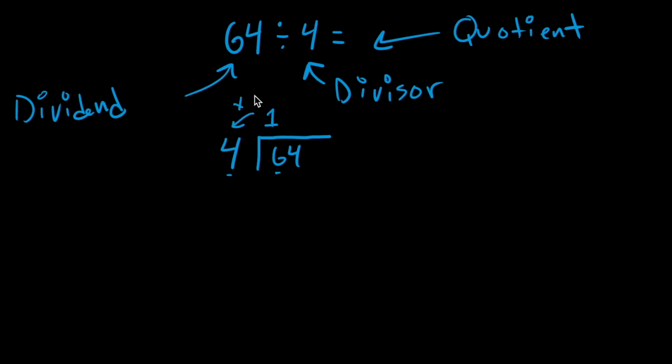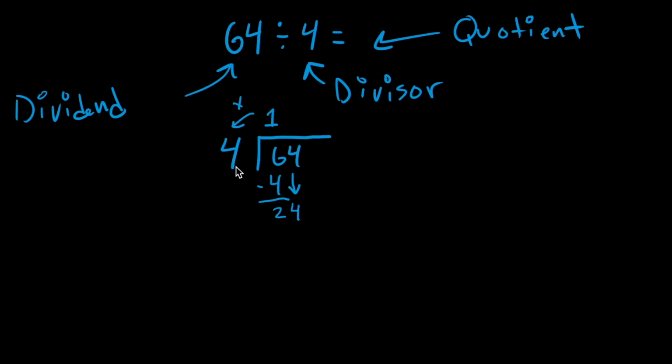That gives you 4. So 1 times 4 is 4, and you write it underneath the 6. And then you subtract 6 minus 4, that is 2. And then you bring the 4 down, and now you have 24.